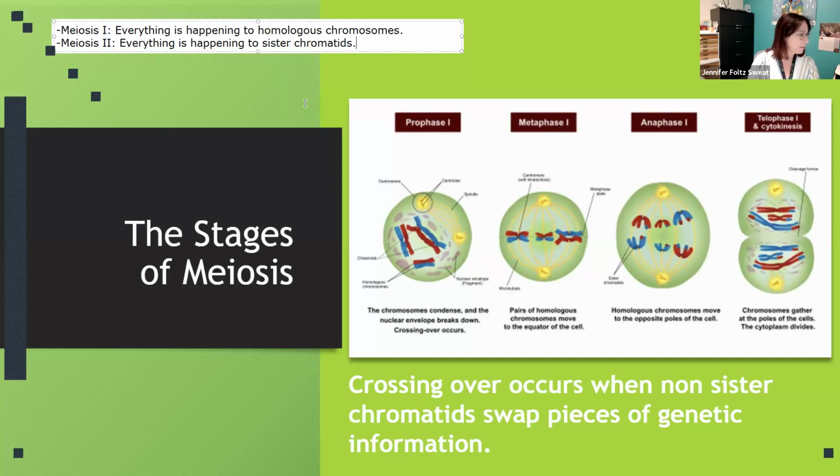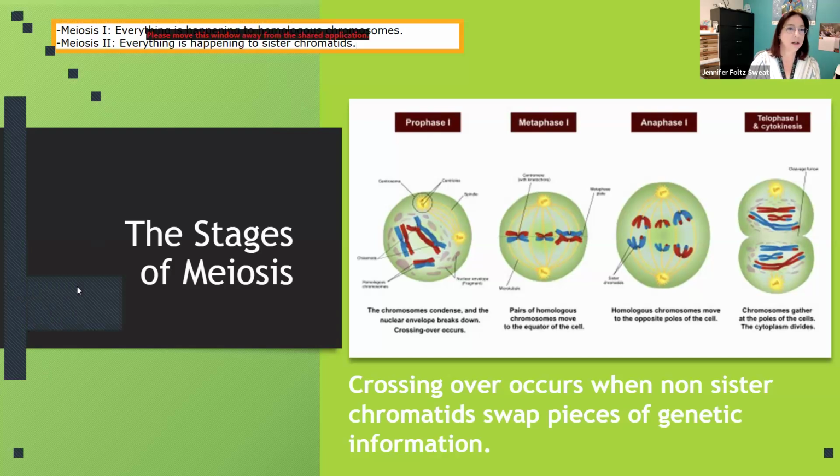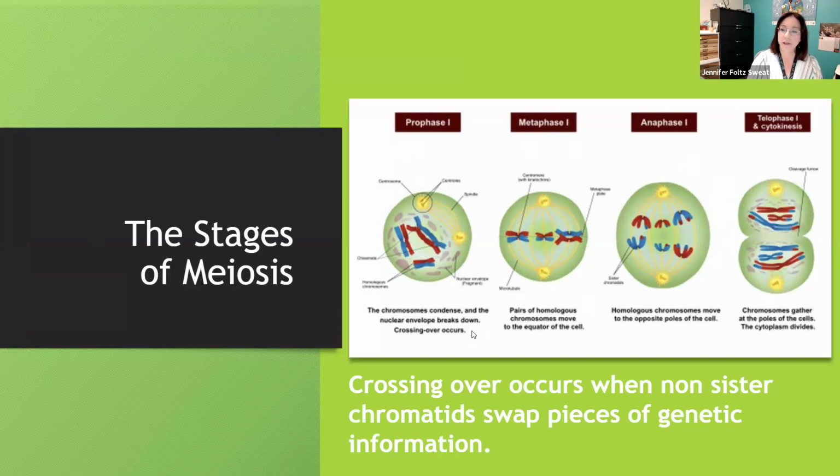Okay, does everyone have this? All right. So in this image, it tells you what happens during each phase. Chromosomes condense, nuclear envelope breaks down, crossing over occurs in prophase 1.